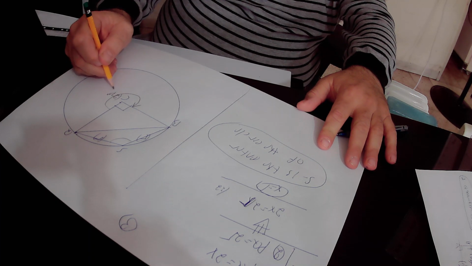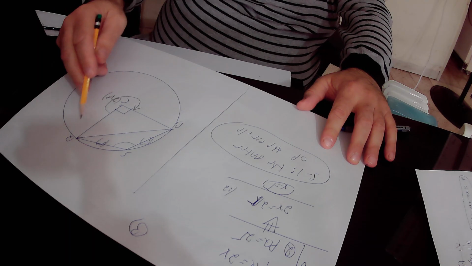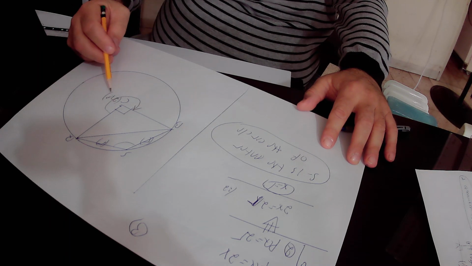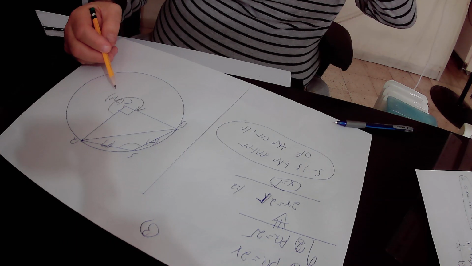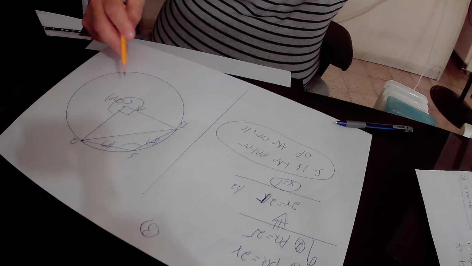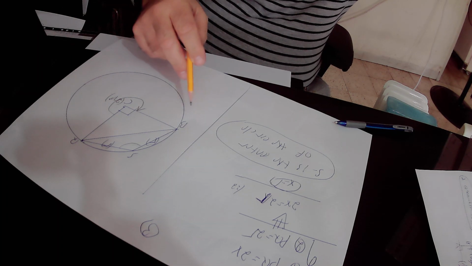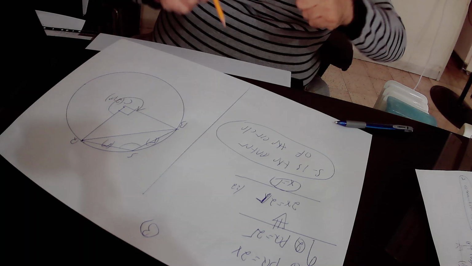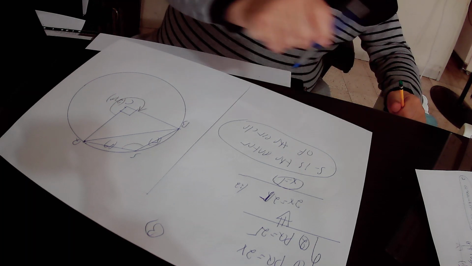The missing angle is actually the central angle QCB. So the central angle QCB equals 270 degrees. Therefore, the peripheral angle BSQ that is subtended on the same arc QB must be equal to half of it. That is to say, it must be equal to 270 degrees over 2, that is 135 degrees.